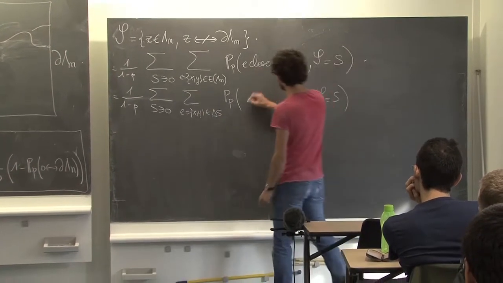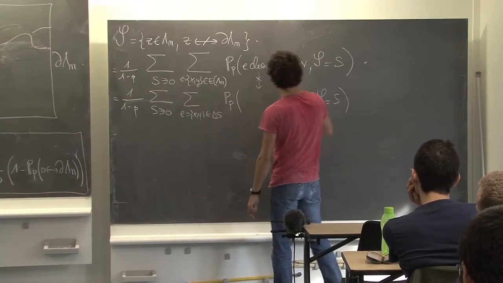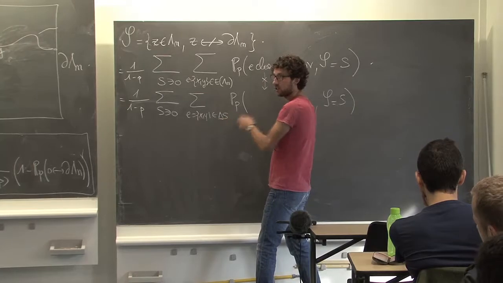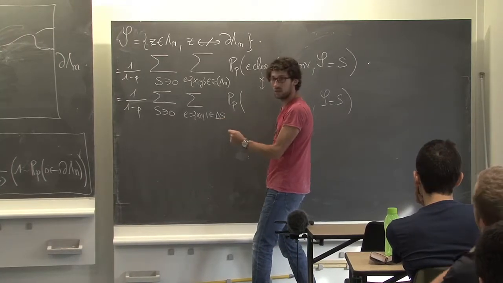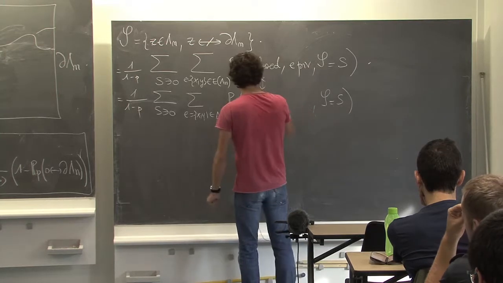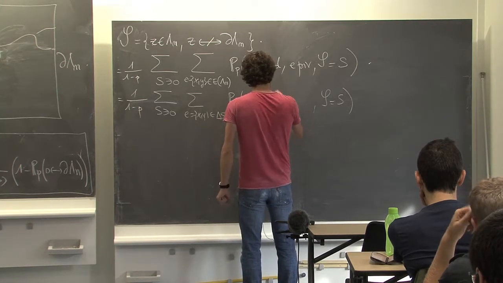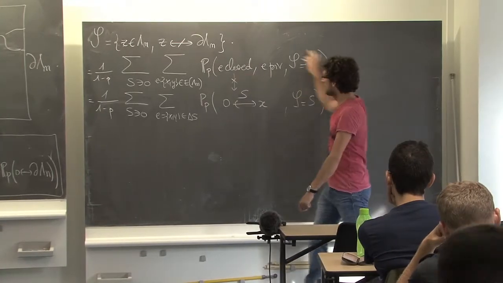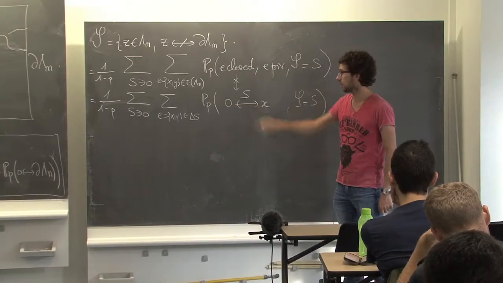So this, I can just ignore it. And being pivotal here, we said, well, if we are on the boundary, the pivotal points are exactly the guys for which x is connected to 0. So here I can rewrite this whole probability like that.